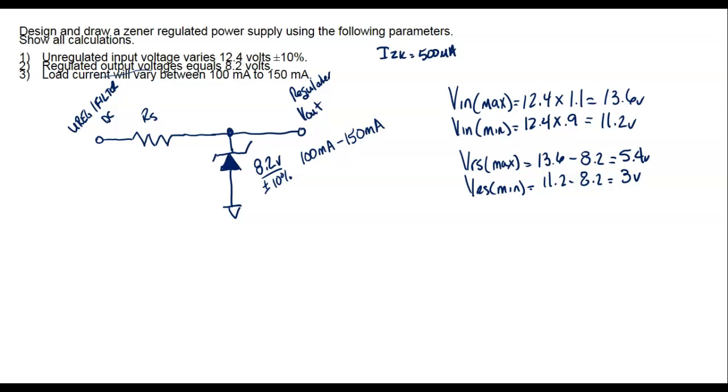If the load current goes up and the input voltage doesn't change, so let's say the load current goes up to 150 milliamps, but the input voltage doesn't change, that means the voltage drop across RS doesn't change.